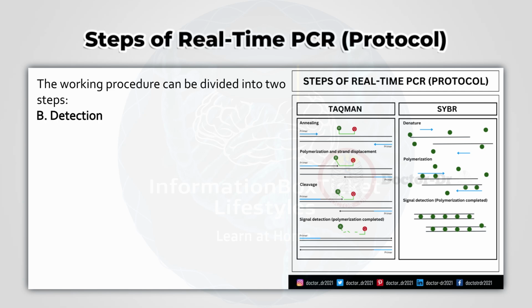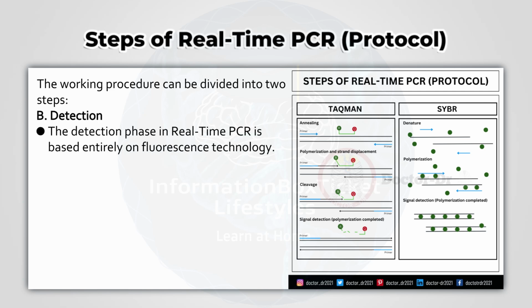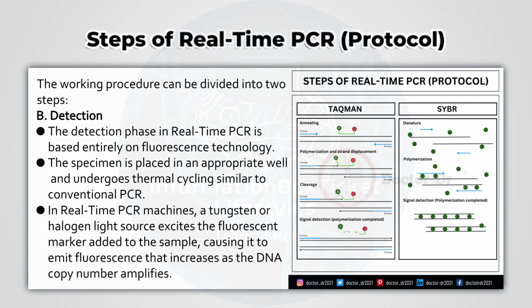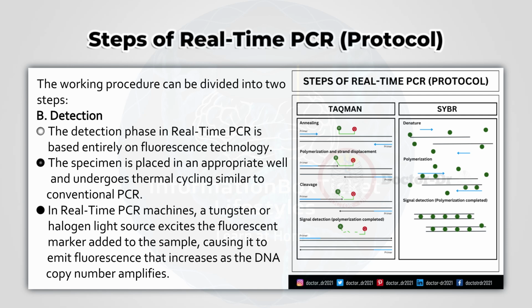B. Detection. The detection phase in real-time PCR is based entirely on fluorescence technology. The specimen is placed in an appropriate well and undergoes thermal cycling similar to conventional PCR. In real-time PCR machines, a tungsten or halogen light source excites the fluorescent marker added to the sample, causing it to emit fluorescence that increases as the DNA copy number amplifies.